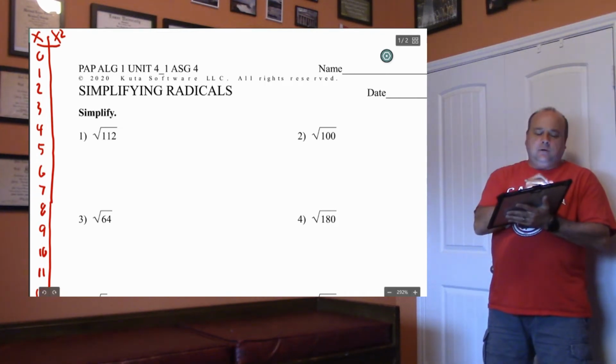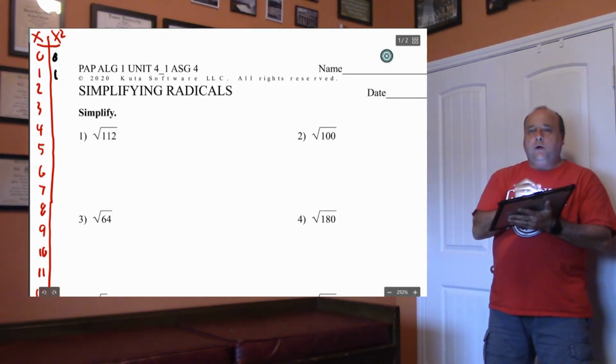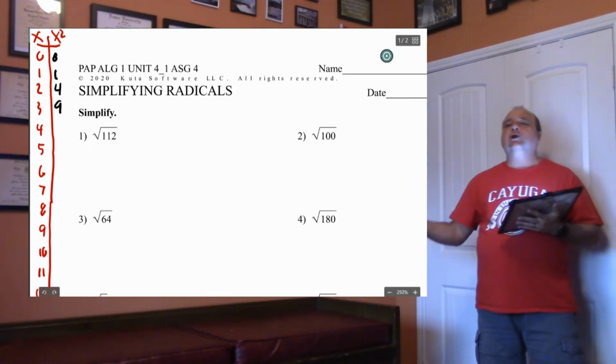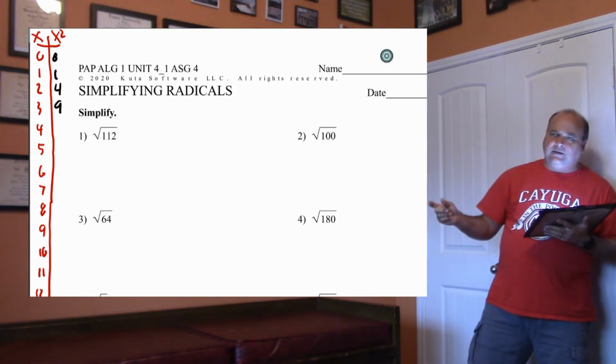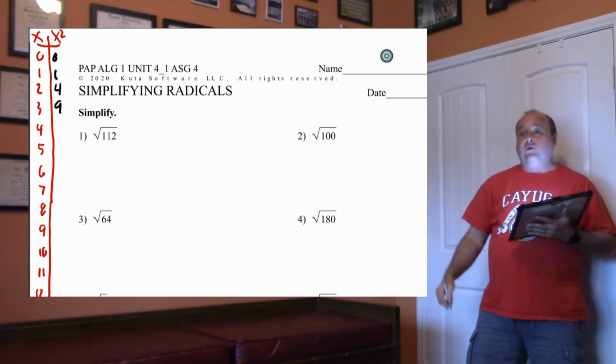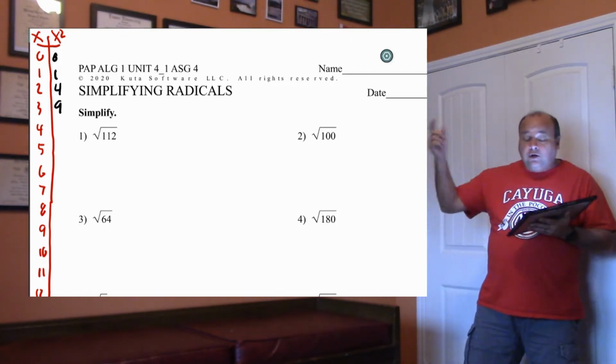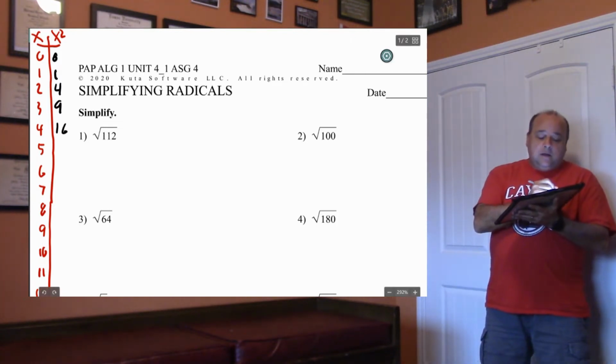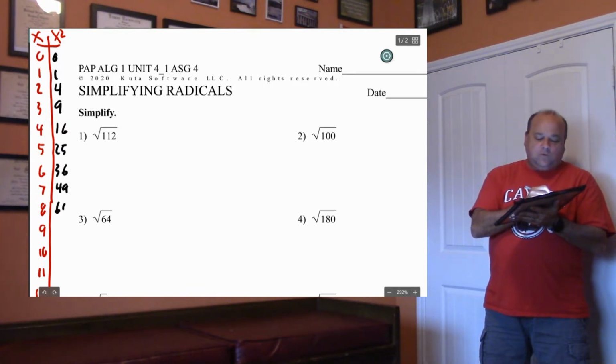So 0 times 0 is 0. 1 times 1 is 1. 2 times 2 is 4. 3 times 3 is 9. You should know your squares up to 10 easily. 0, 1, 4, 9, 16, 25, 36, 49, 64, 81, 100. You should have those memorized. So 16, 25, 36, 49, 64, 81, 100.